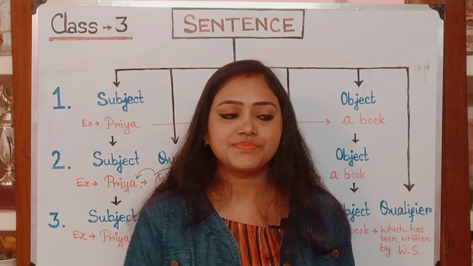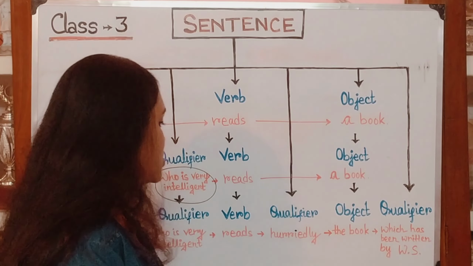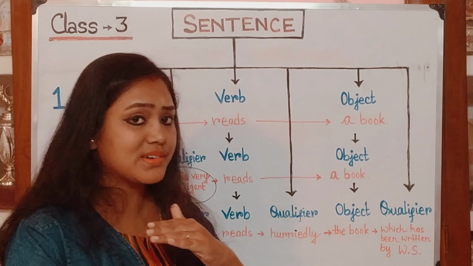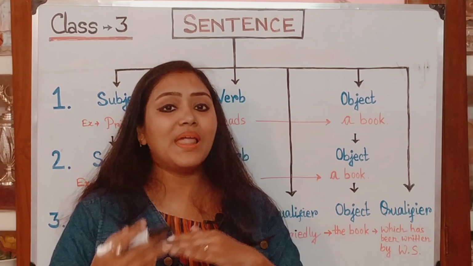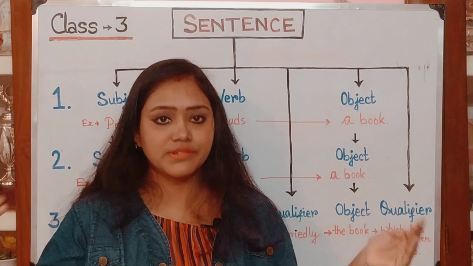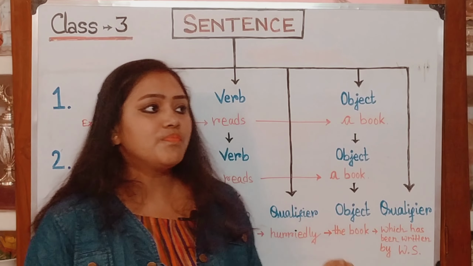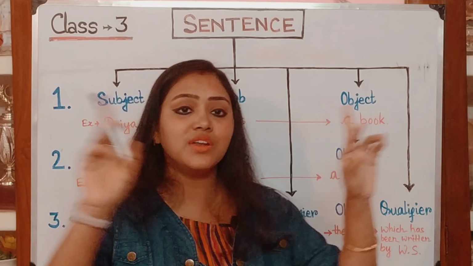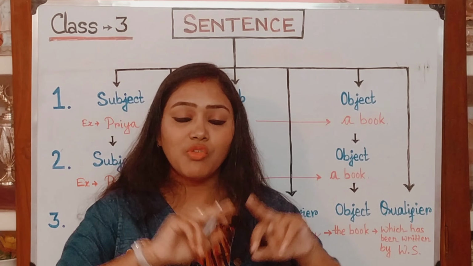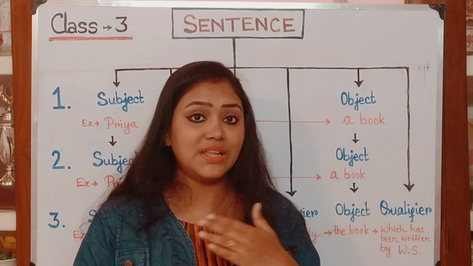Am I clear? So now I think you have understood. As your class increases and as your standard increases, the complexity of the sentences also increases, isn't it? So the whole thing is clear. I have done it on one board, in one chart, so that you can properly understand.